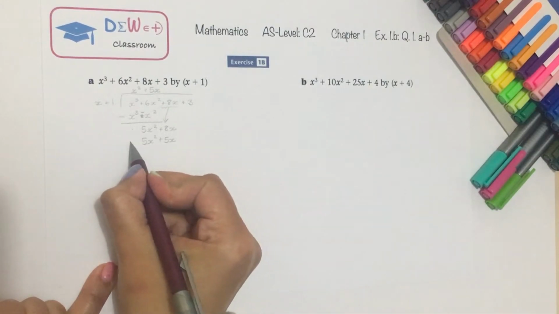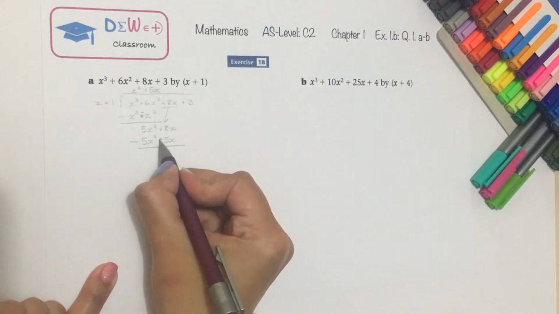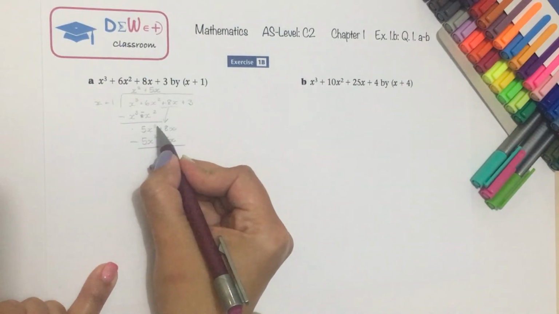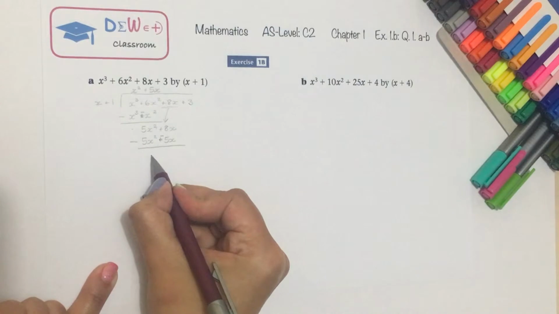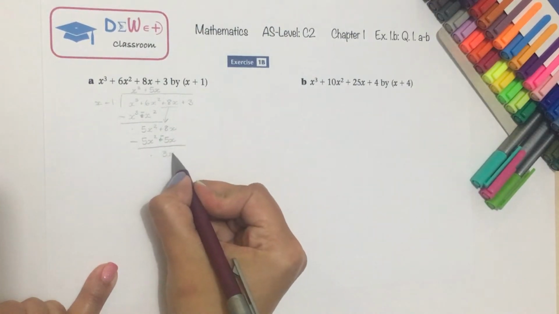Right? We are going to subtract, and when we subtract, we change this sign as well as that sign. 5x squared minus 5x squared is 0, and 8x minus 5x gives us 3x.